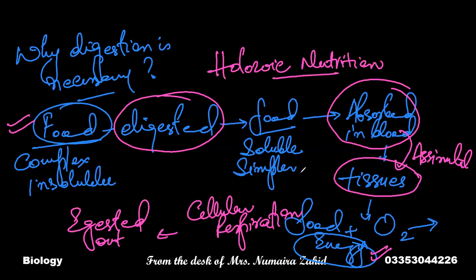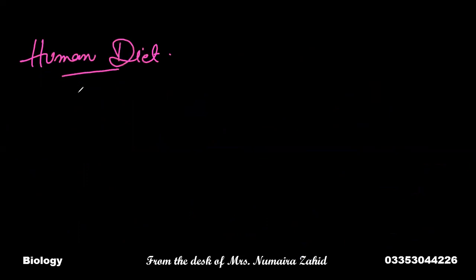In this kind of nutrition, we take different types of food substances. Before starting with the human digestive system, we should know what type of diet we take and what the important factors of the human diet are. The human diet is all the things which we consider as food and which are beneficial for us.